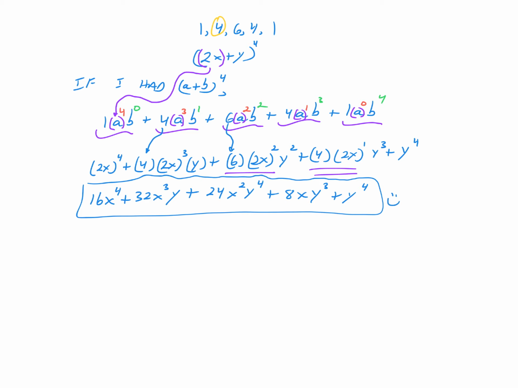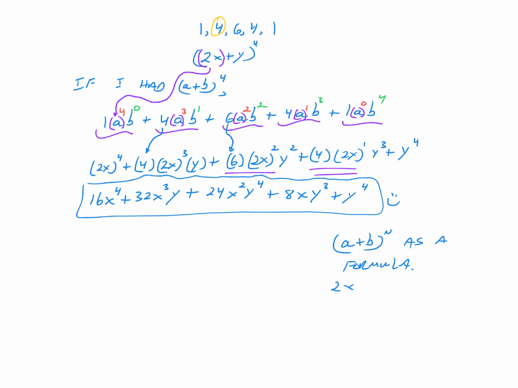And a happy face. So what we look for here is that perhaps you look at a plus b to the nth as a formula, and then substitute in whatever a equals in your given binomial.